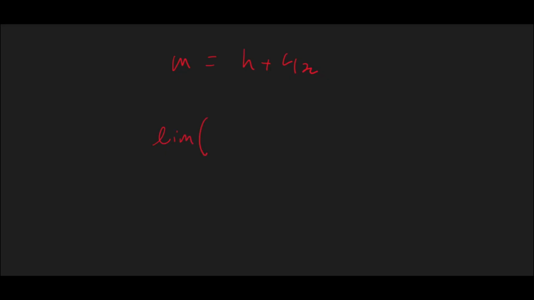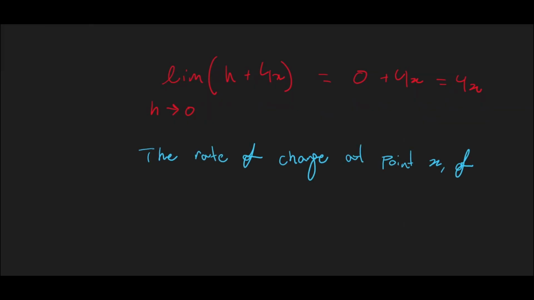The limit of h plus 4x as h approaches 0 equals, again, we can just substitute h equals 0, 0 plus 4x, right? And that's just 4x. What this means is that the rate of change at point x of that function f of x is 4x.